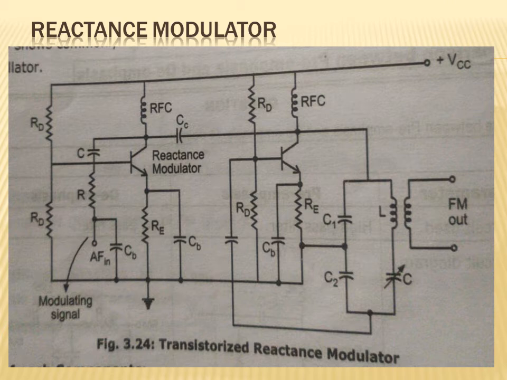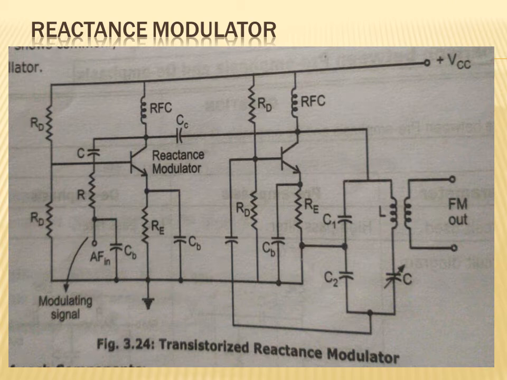CE is the emitter bypass capacitor. RD is used for stabilization purpose. RFC is the radio frequency choke, which is used to isolate the DC signal from the oscillator circuit.